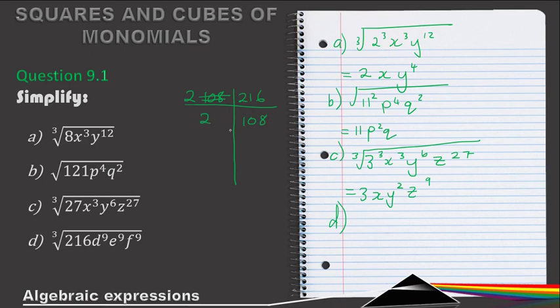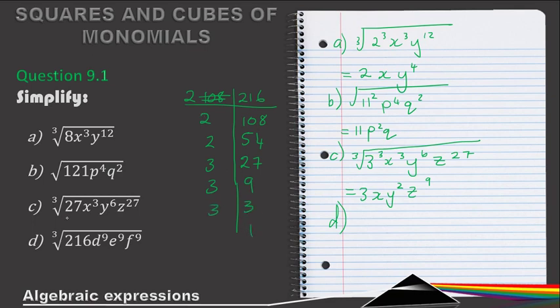So 2 can go into 108, 54 times, 2 goes into 54, 27 times, then 2 can't go into 27, we move over to 3, 3 goes into 27 9 times, 3 goes into 9 3 times, 3 goes into itself once.